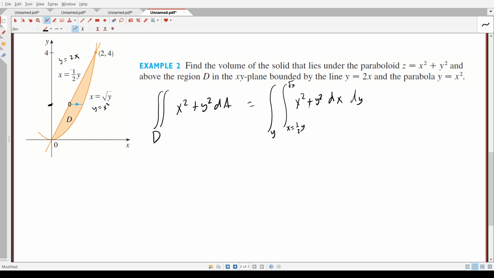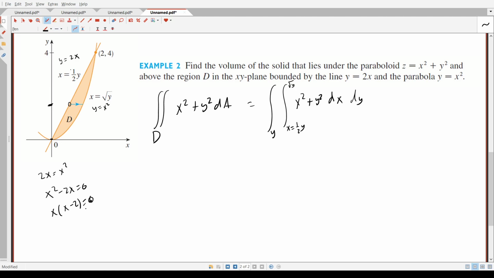Okay, and then now I need to integrate this from the minimum value of y, which is down here where the two curves intersect at 0. And then I can also solve 2x equals x squared, right? So I move this over, and I have x squared minus 2x equals 0, so x times (x minus 2) equals 0.